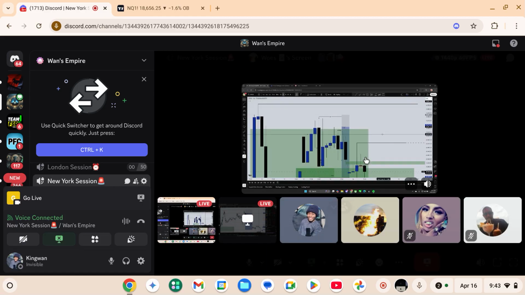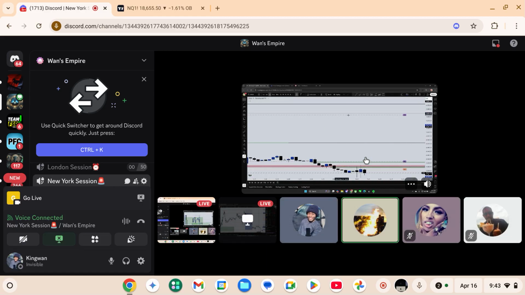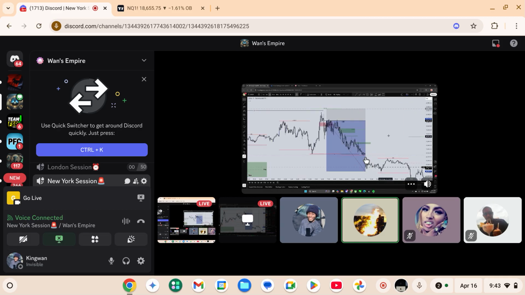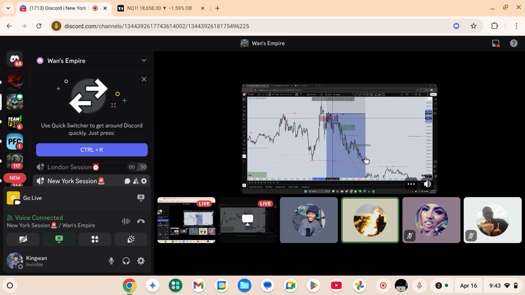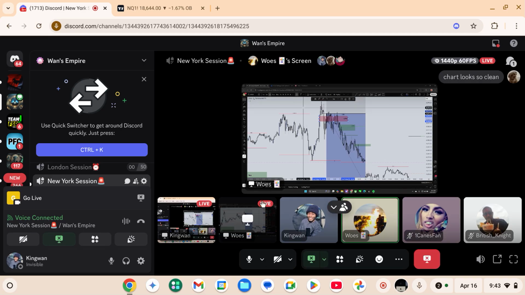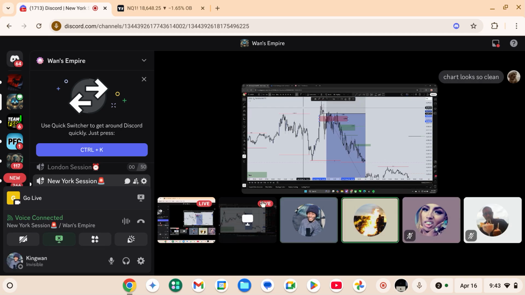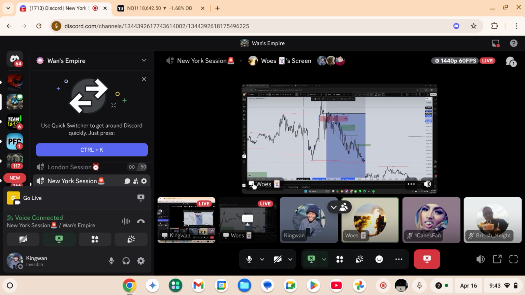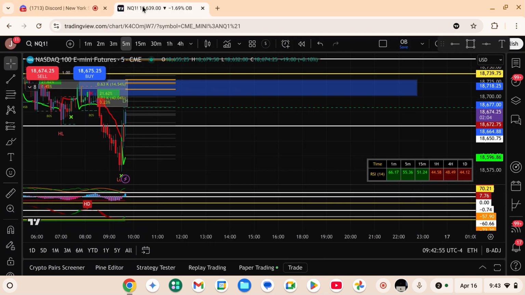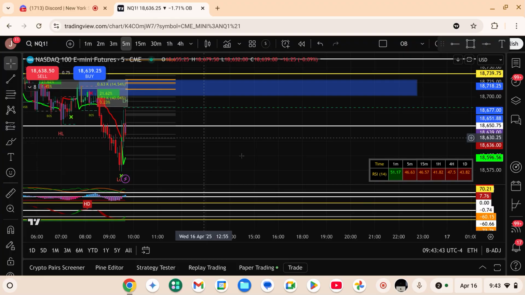In the 4 hour, got this sweep in. So then I just went to an entry time frame and I got my inversion and my change in the state of delivery. Chart looks so clean. I don't have 8 indicators on my chart, I only have 2. You don't even need indicators, but they can help you.